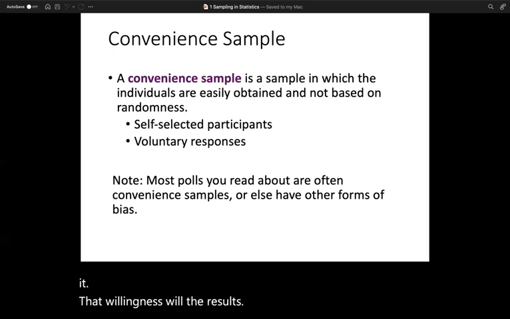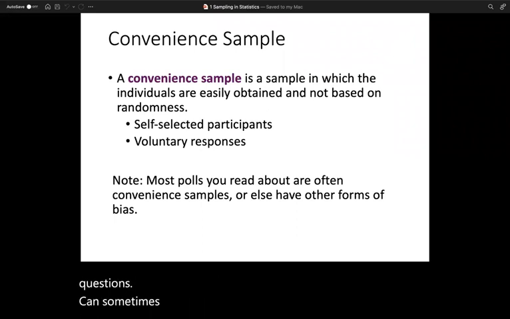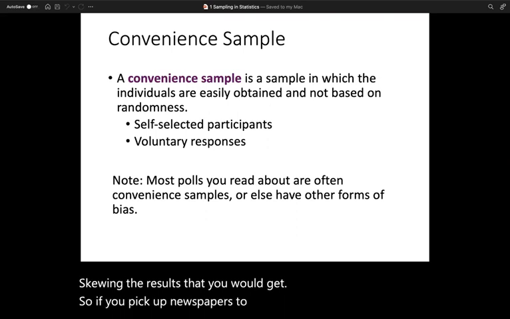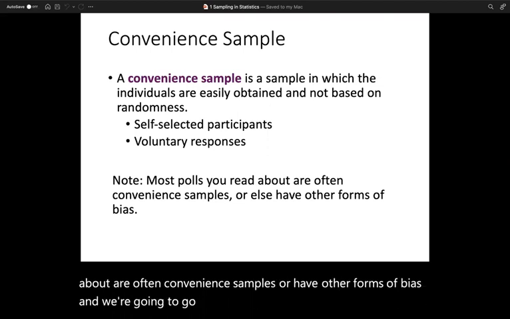And voluntary responses, if they're willing to respond to the questions, can sometimes be skewing the results that you would get. So if you pick up newspapers, to be honest, most polls you read about are often convenience samples or have other forms of bias. And we're going to go through those right now.